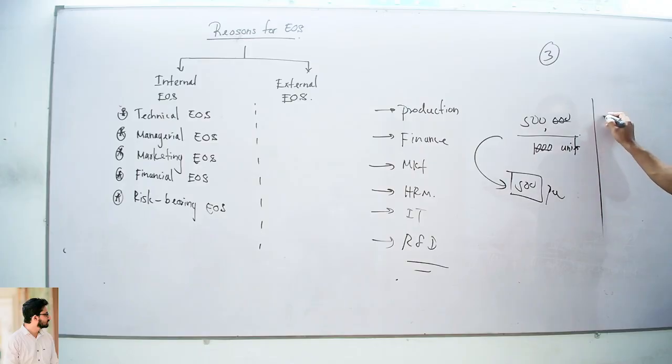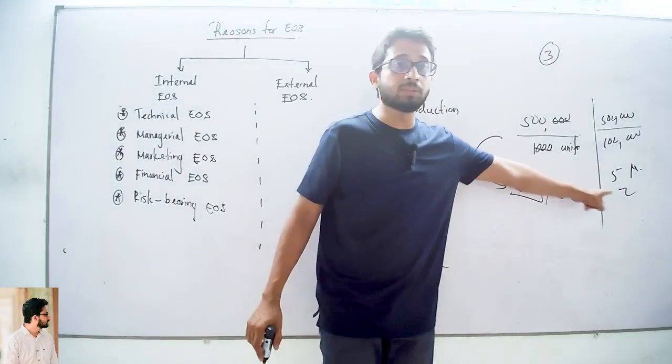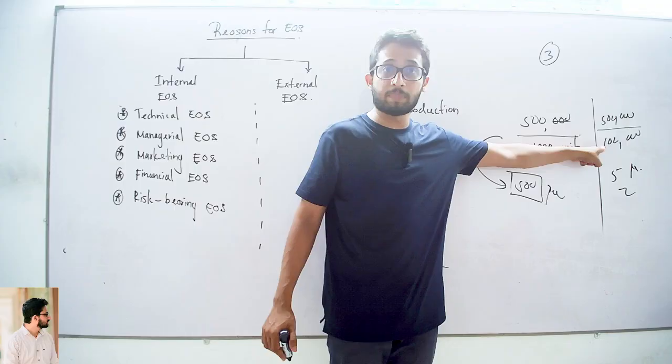Assume 500,000, but their production capacity is, let's say, 100,000. Then how much is the cost per unit? 5 rupees per unit. Then they can reduce the unit advertisement cost due to large production capacity.